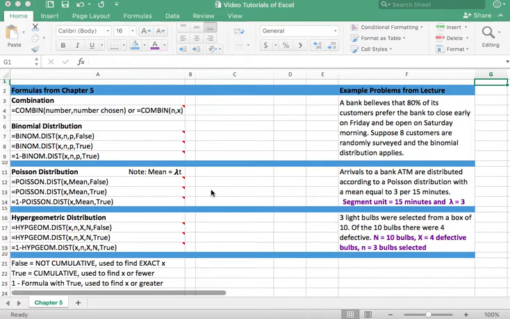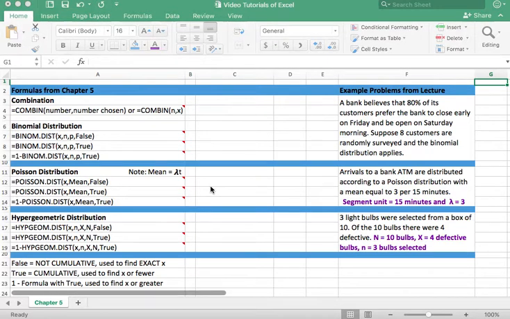So we've got the Poisson distribution text that you'll put into your formula, your x, which is your variable of interest, the mean, which you'll calculate using lambda times t, and the third thing you'll enter is either true or false, which will tell you if you're working with cumulative or not cumulative data.